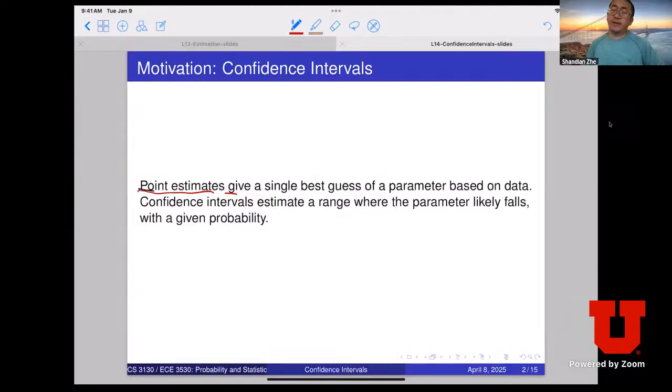The point estimate, although it's very useful, gives you a single best guess of the parameter based on the data you collected from your random experiments or measurement. But often it's not sufficient for us to make decisions.